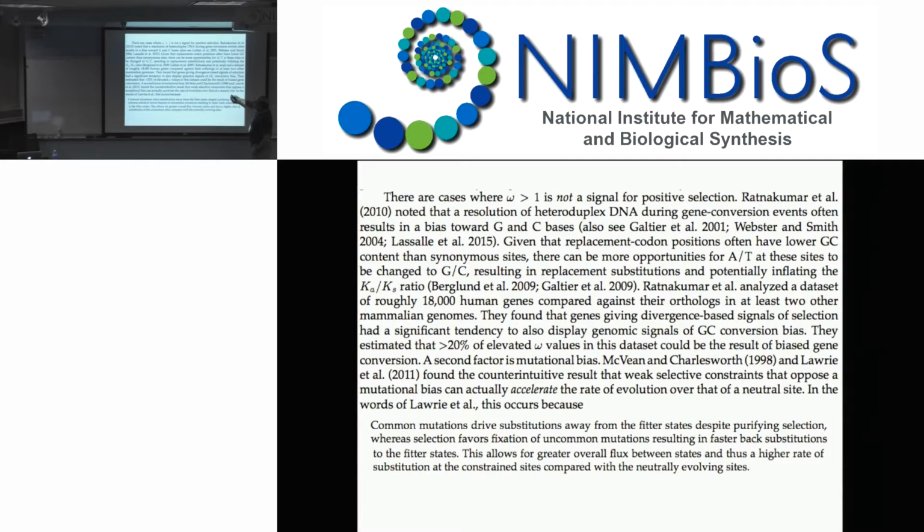Mutation conversion bias. Genes have a bias toward conversion from AT to GC. So do people know what gene conversion is? When you have recombination happening, we think of recombination as an exchange of outside markers in some region.